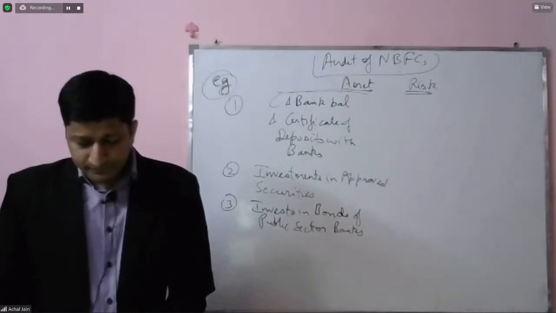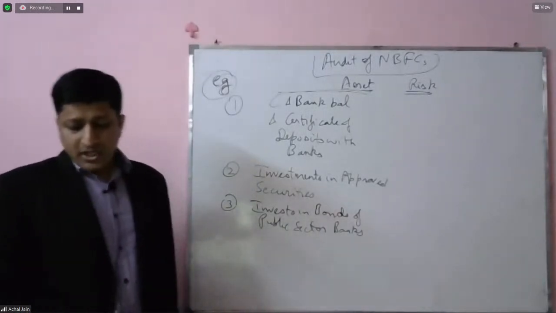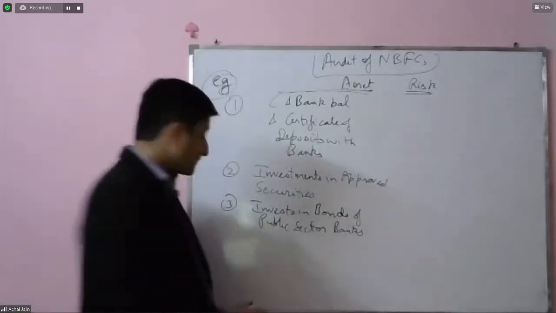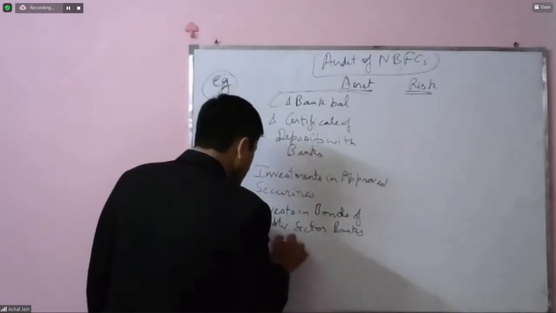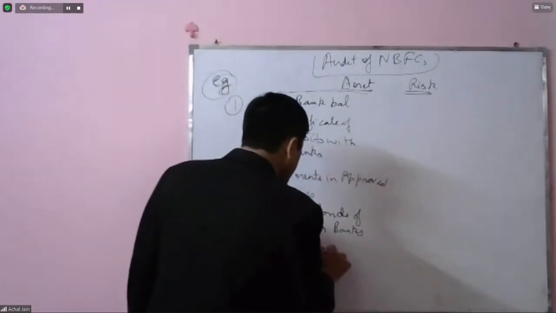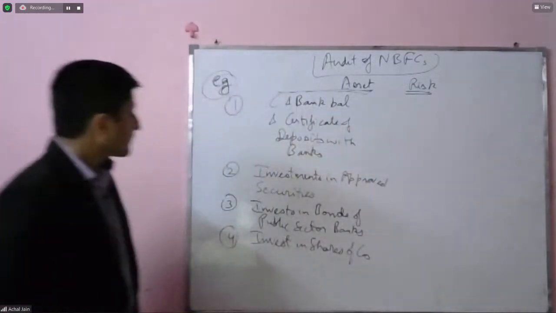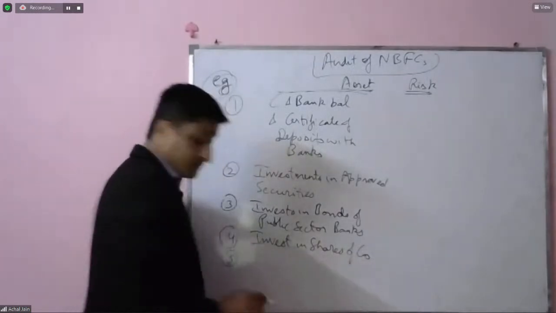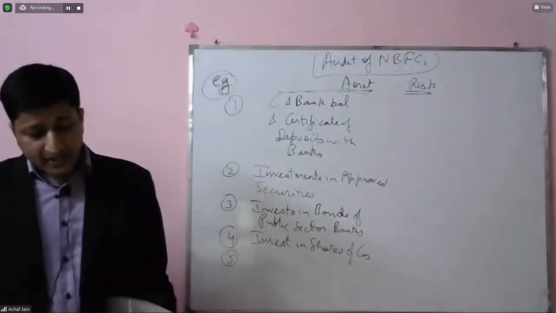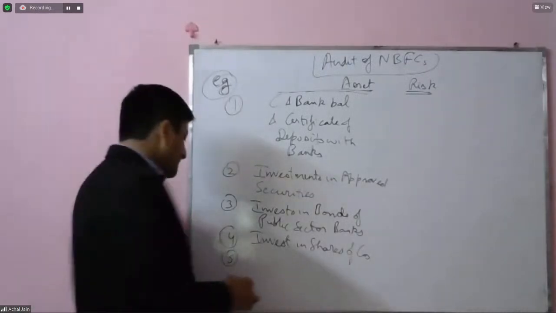Number four, investments in shares of companies. Number five we can say is the fixed assets which the NBFCs hold.